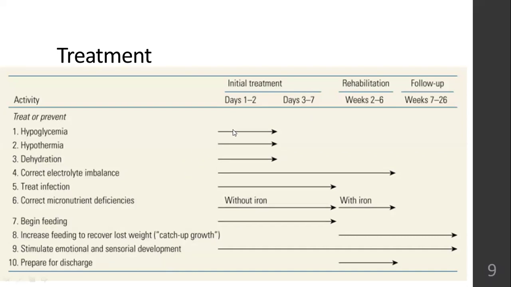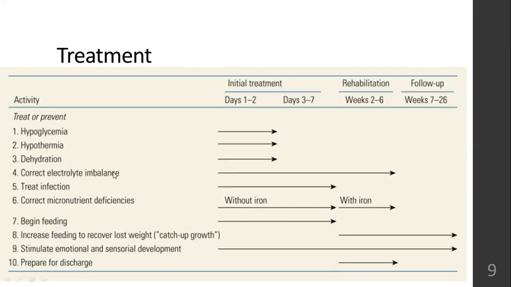In the initial treatment, you are treating hypoglycemia, hypothermia, and dehydration, which could also lead to mortality if not corrected. Also any electrolyte imbalance because of diarrhea, and any infections, you have to correct.